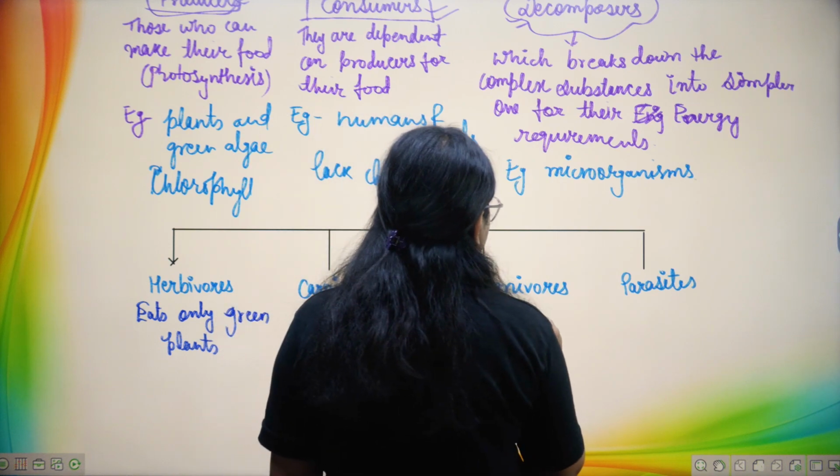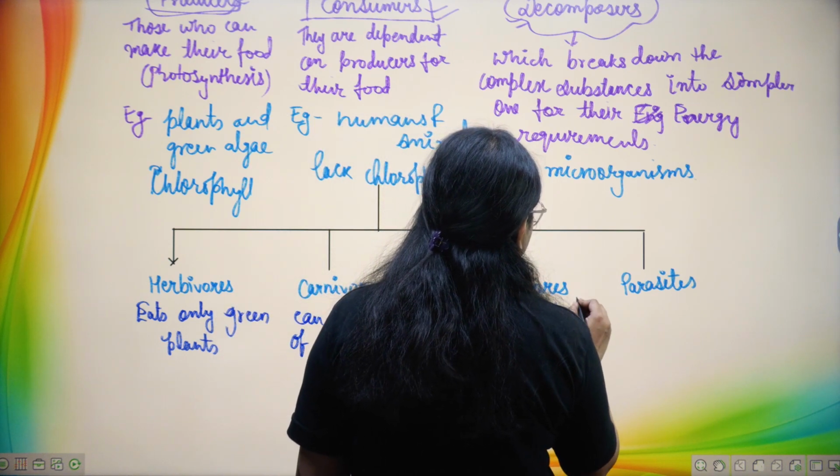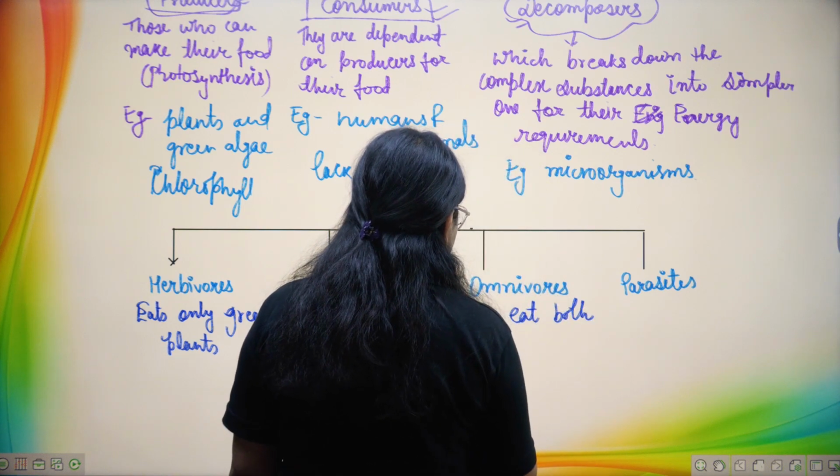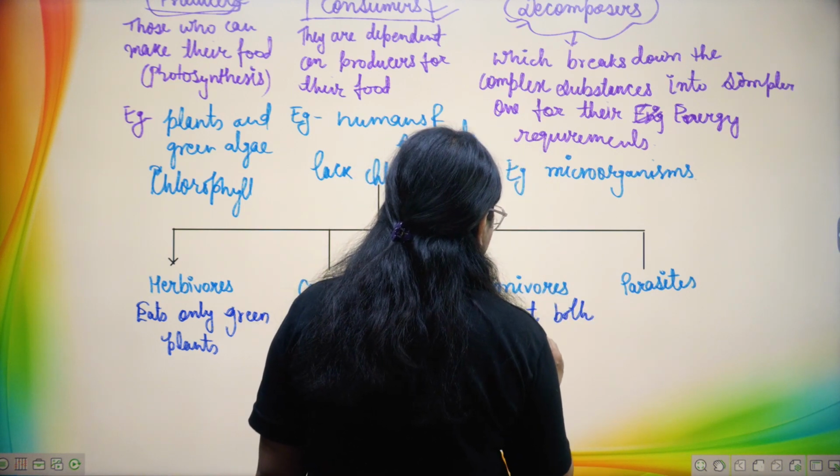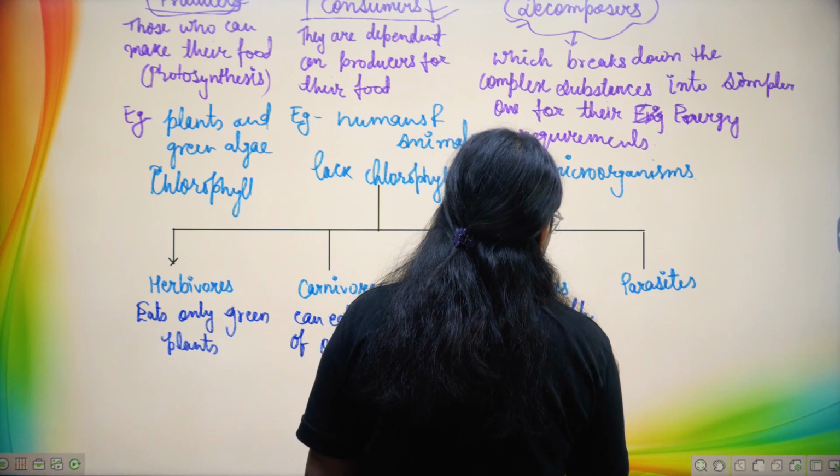Omnivores can eat both plants and flesh, right?